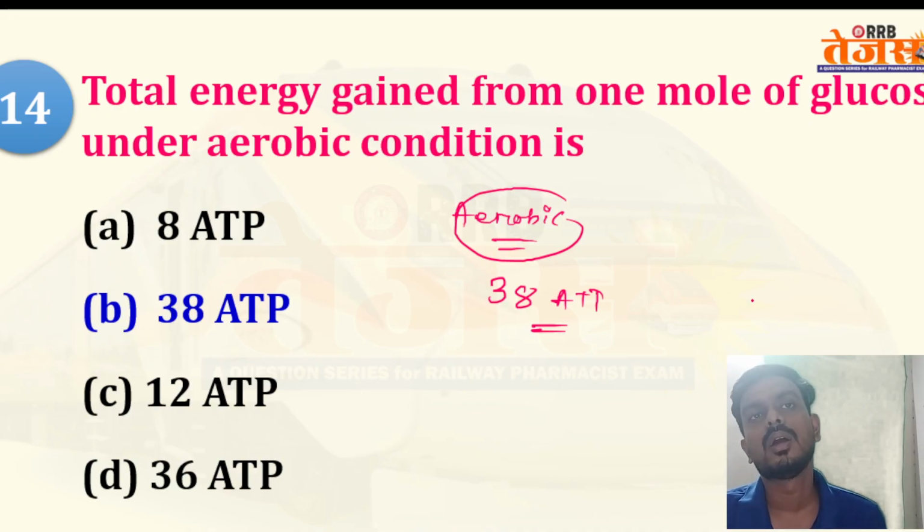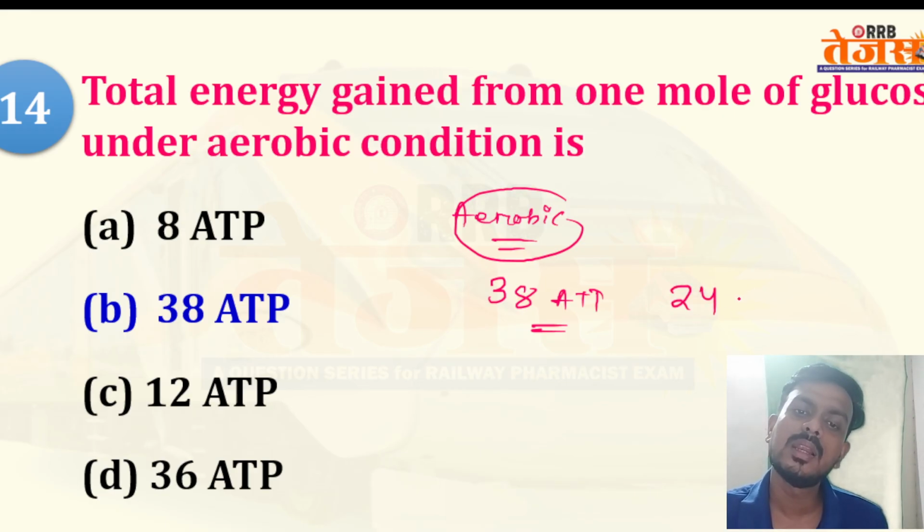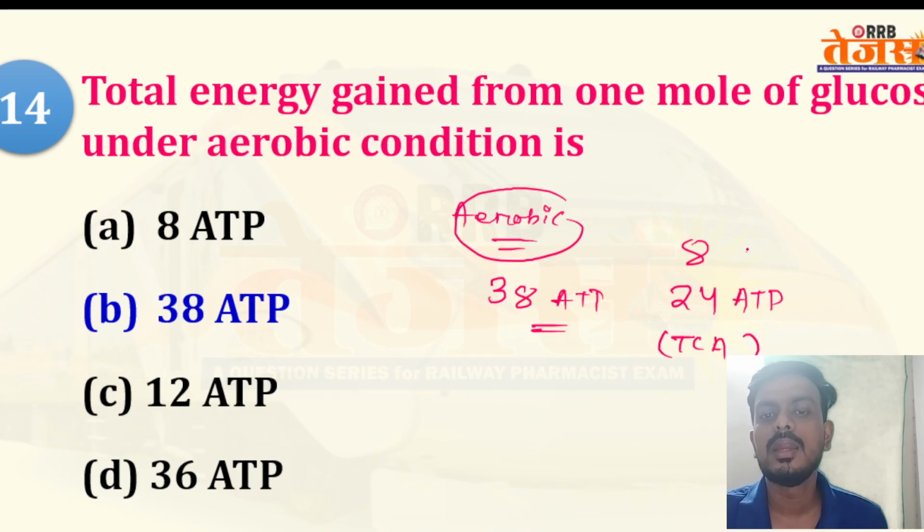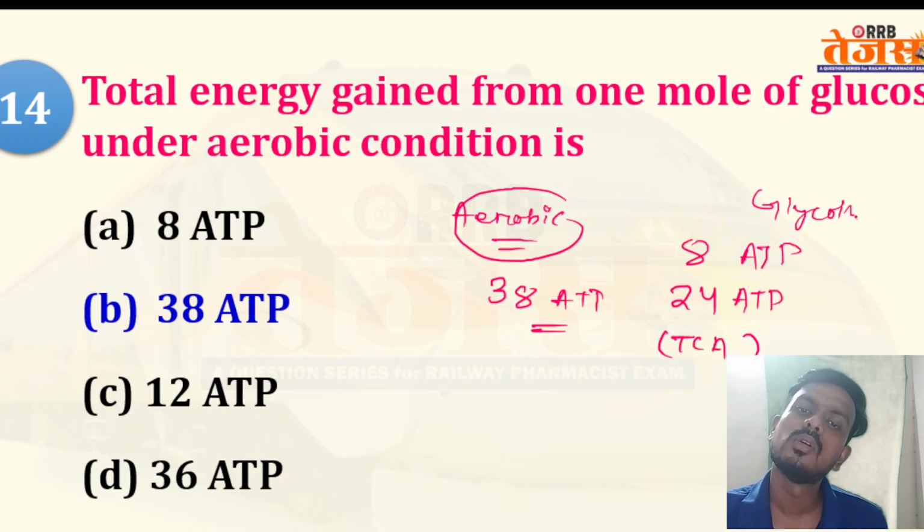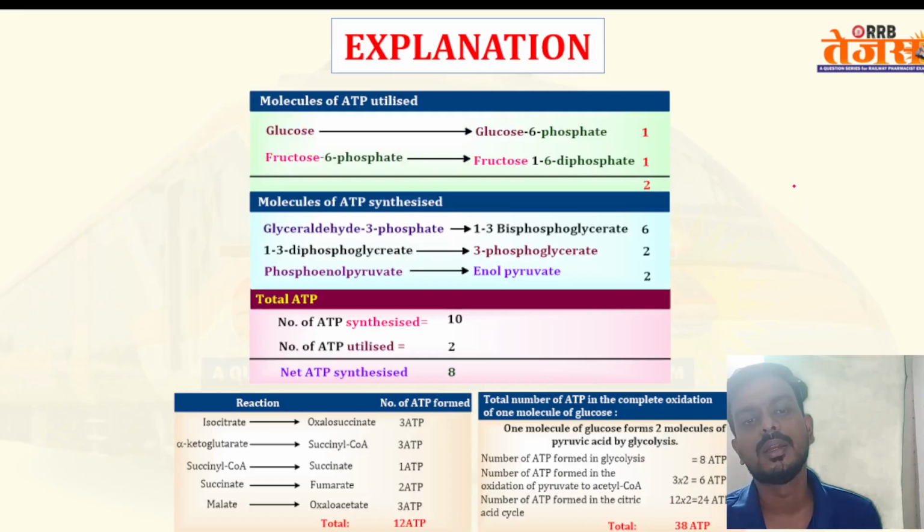ATP. How 38? Remember, 24 ATP will be from the TCA cycle, and 8 ATP from glycolysis. So if we add them, it will be 38.